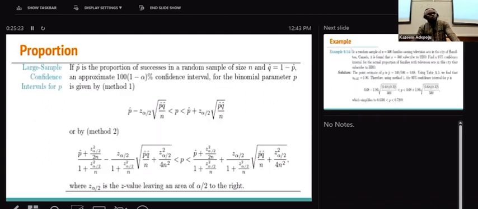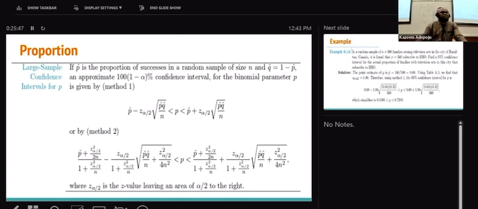Now, I want to go into proportion. We've been talking about mean, right? We've been comparing means, right? What if in a situation we want to focus on the proportion and we don't want to just get a point estimate? A point estimate could be wrong or right.